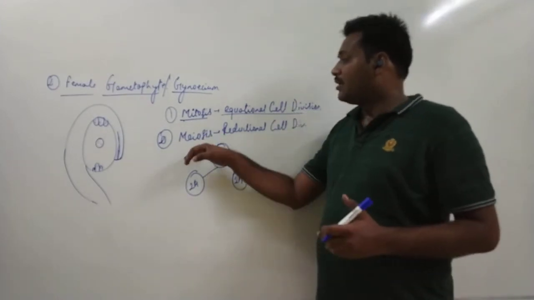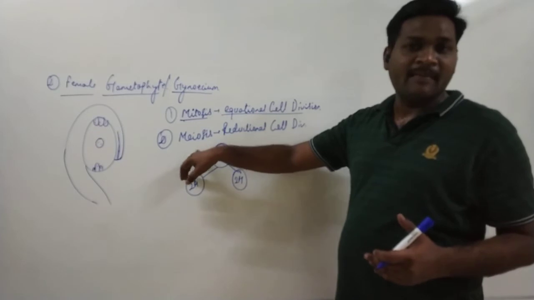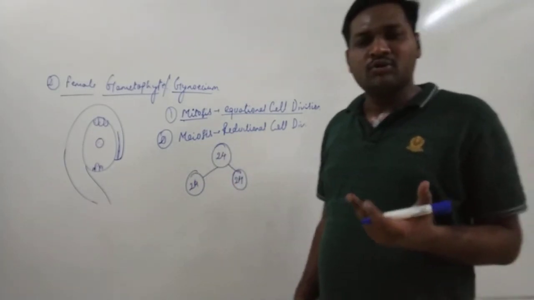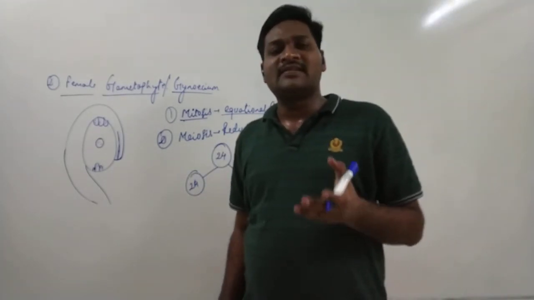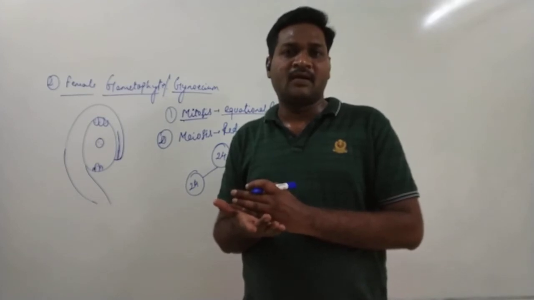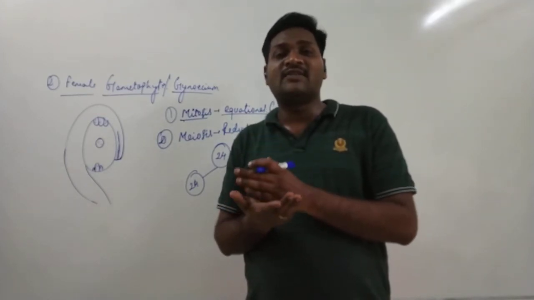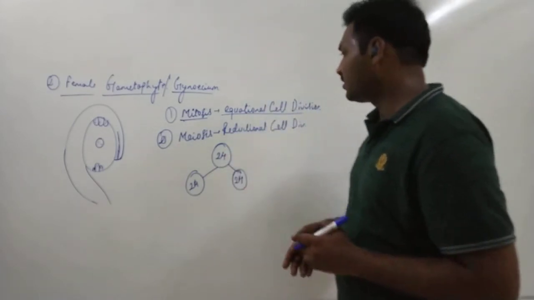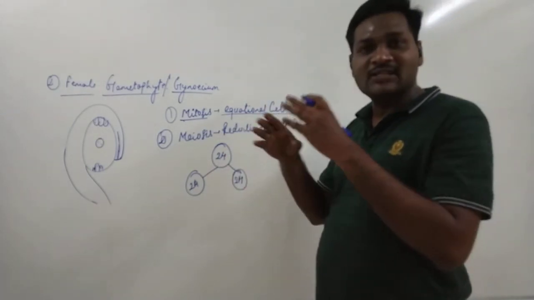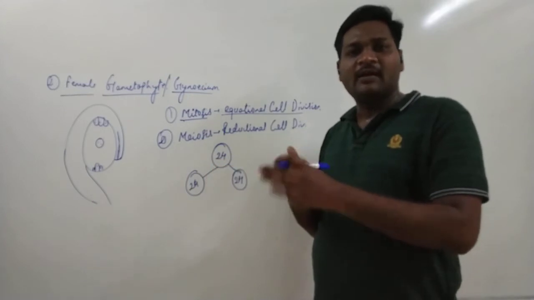So meiosis takes place in the gametic cell. Although we can see if there is a cut on our hand, it will be repaired within a couple of days. How? It is with the help of mitotic regeneration, that is equational division. Cells will divide equally and repair that place.